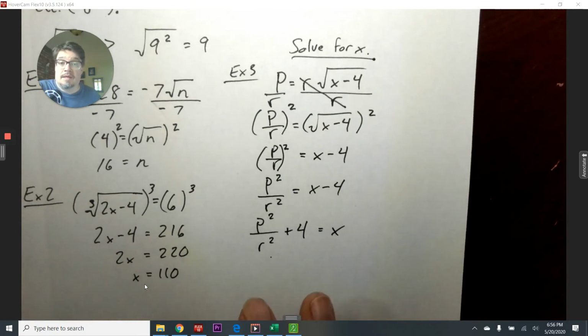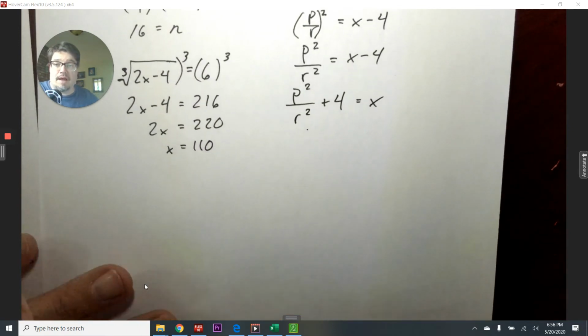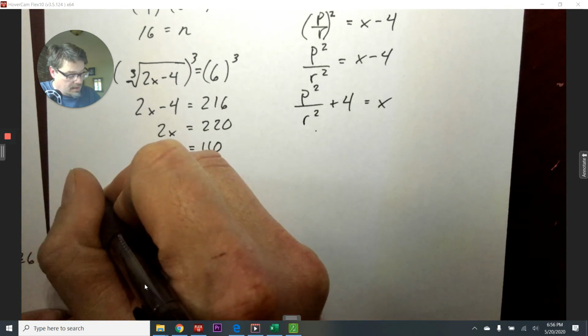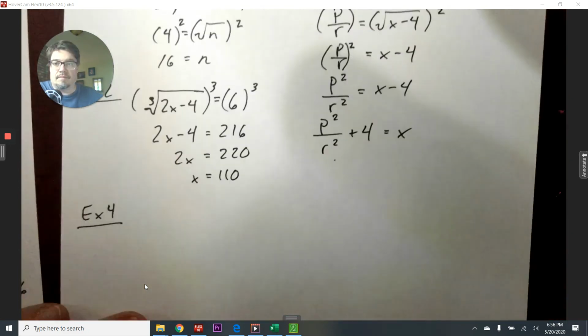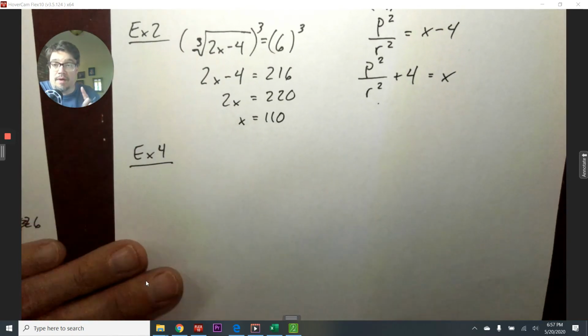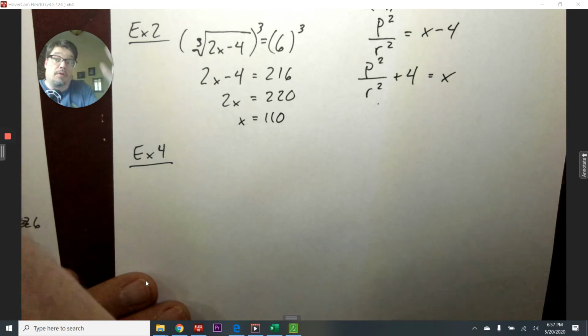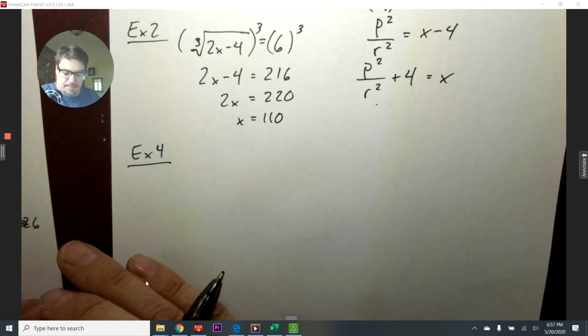This is a very important skill for us to switch our variables around because, when you look at a scientific formula in a reference sheet, the formula might be given with one of the variables solved for, and what if you need the other part of the equation? You have to be able to move things around in order to solve for particular variables. It's a pretty good life skill.